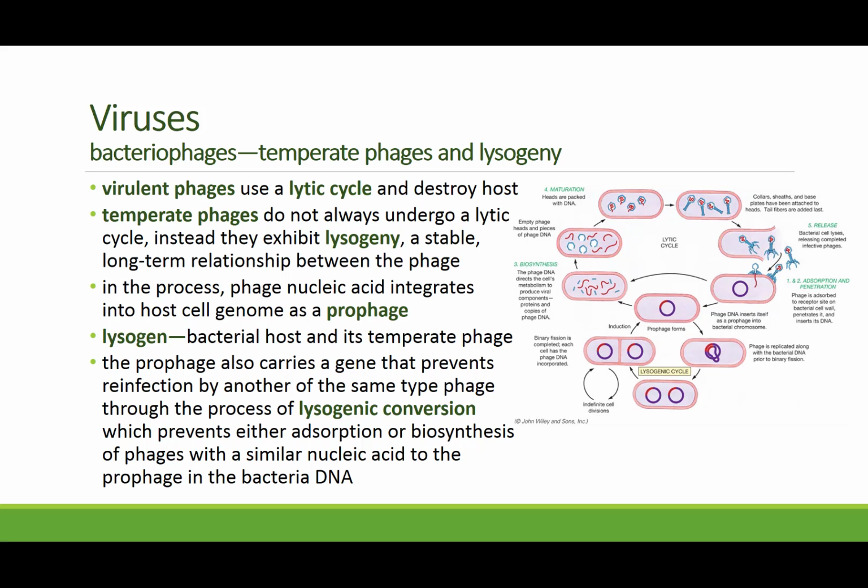And so the lysogenic cycle is this portion of our life cycle here, where the bacteria with its prophage in its genome will continue to grow and divide, grow and divide, grow and divide.